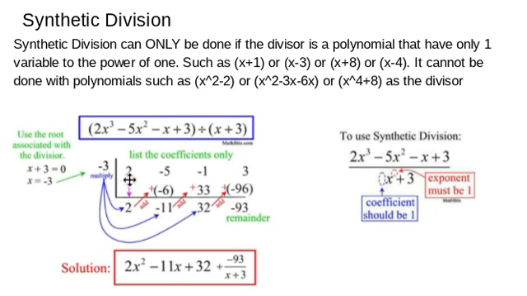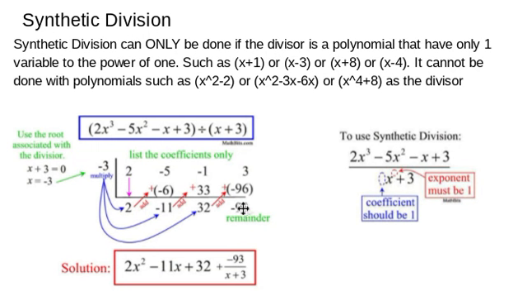The first value, we never multiply. We just bring it down, and then we multiply that by the negative 3, and whatever value we get, we put it here, and then simplify it. We repeat that for each column.